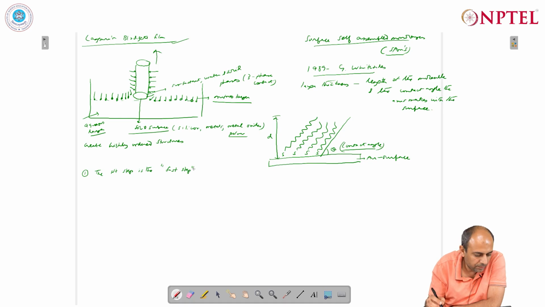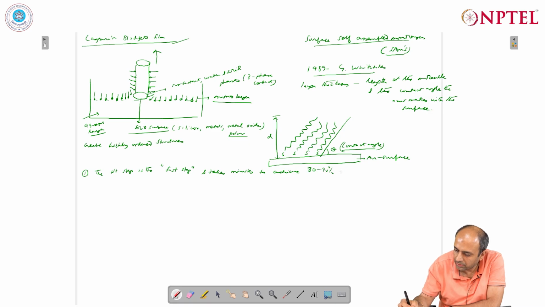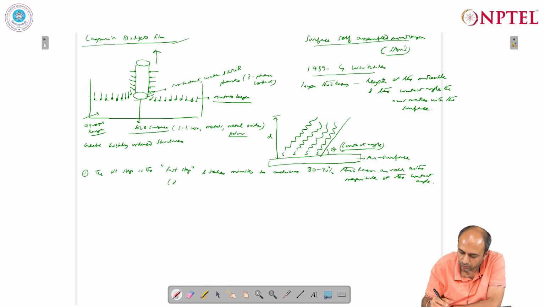I am putting it in quotes, and it takes minutes to achieve 80 to 90% thickness, as well as the magnitude of the contact angle. This is the first step. So, this is a diffusion controlled step.